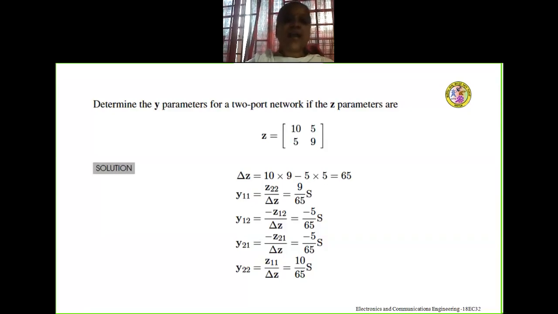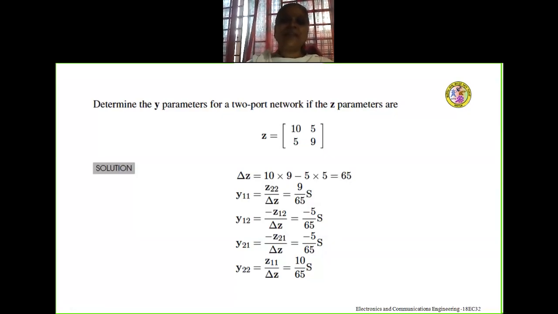We know that Y11 is given by Z22 divided by delta Z, where delta Z is Z11 into Z22 minus Z21 into Z12. By substituting all these, the value of delta Z becomes 65 and Y11 is equal to 9 divided by 65.